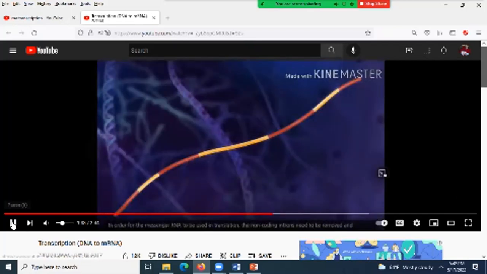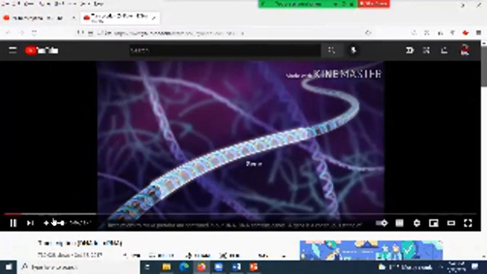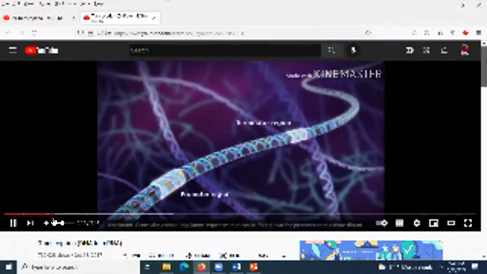In order for the messenger RNA proteins are contained in our DNA. DNA contains genes. A gene is a continuous string of nucleotides containing a region that codes for an RNA molecule. This region begins with a promoter and ends in a terminator. Genes also contain regulatory sequences that can be found near the promoter or at a more distant location.